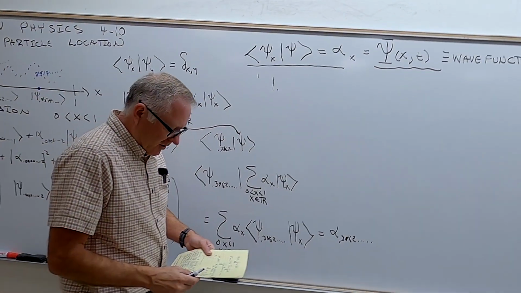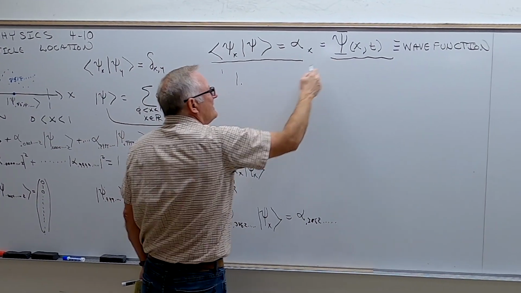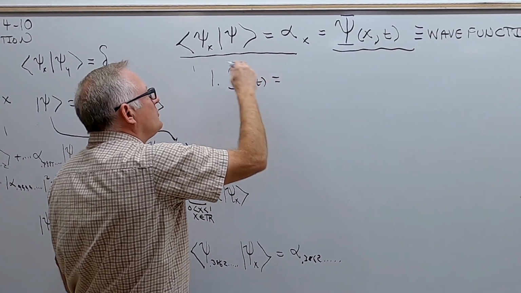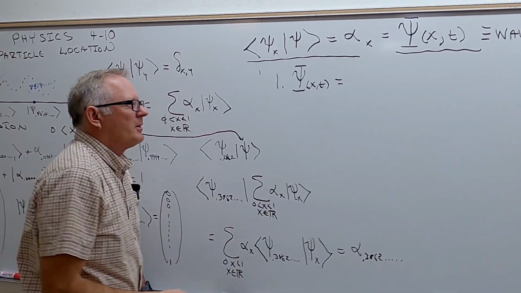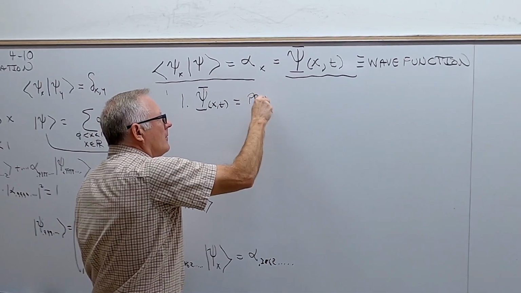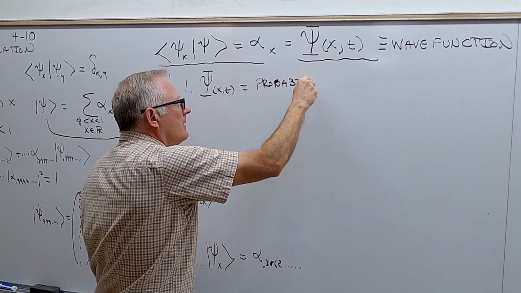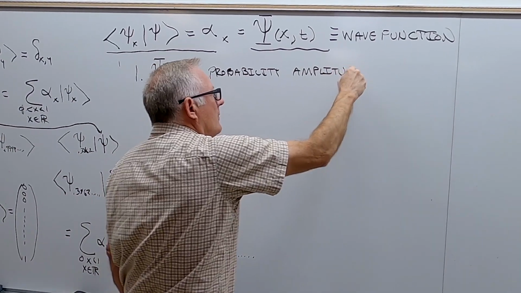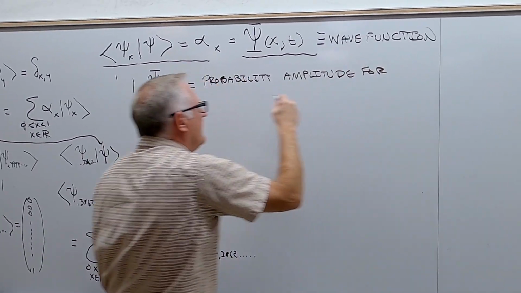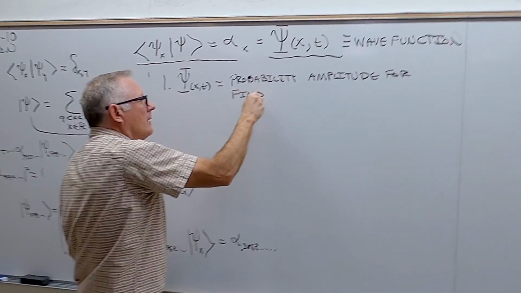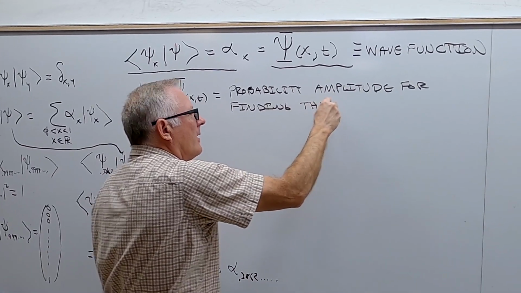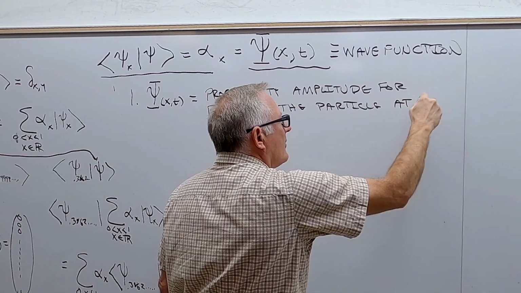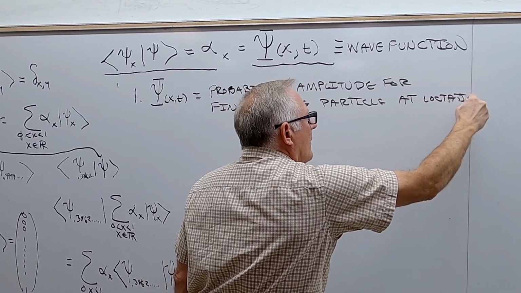Here, we're just going to say psi of x and t, big psi, which we define as the probability amplitude for finding the particle at location x.